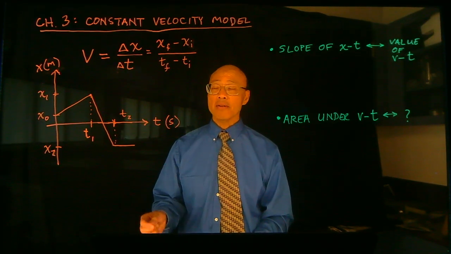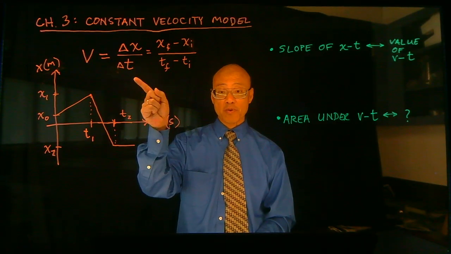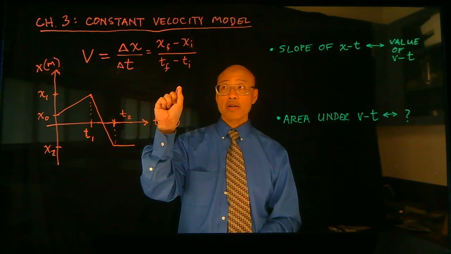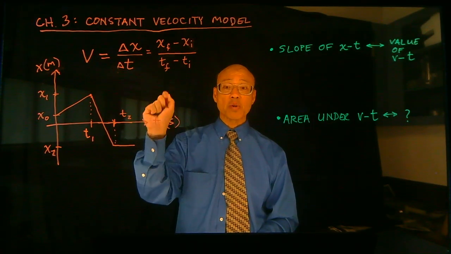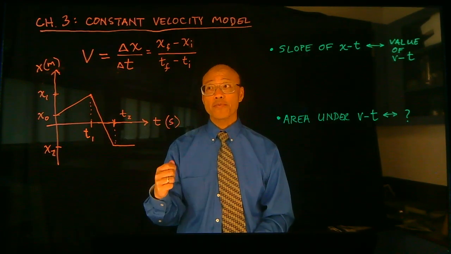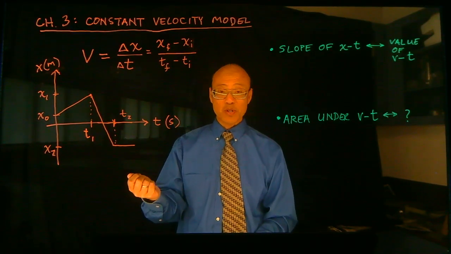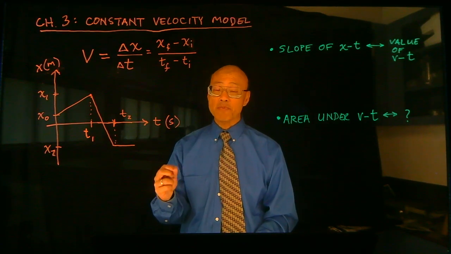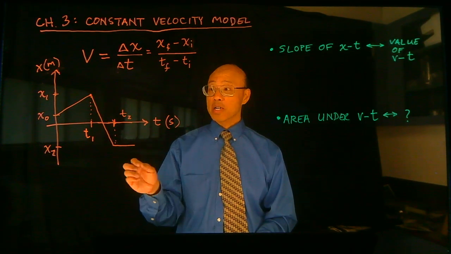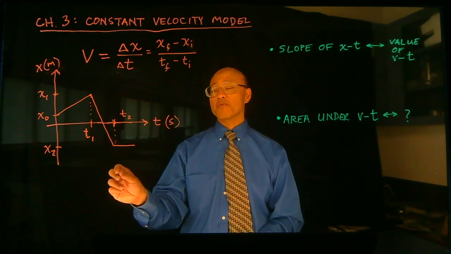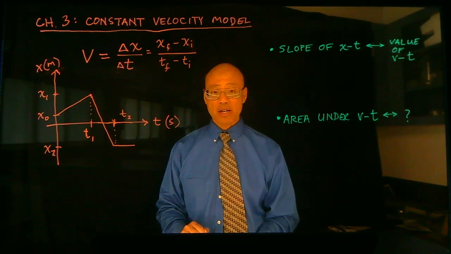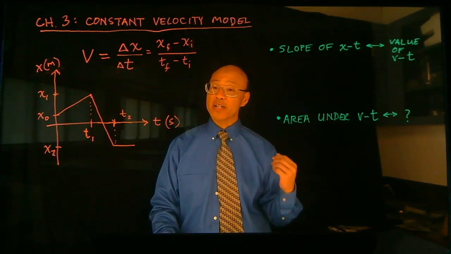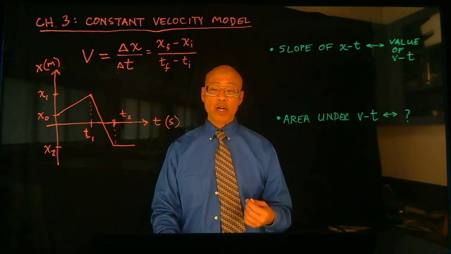In the same way that in Chapter 3 we have an equation for velocity or average velocity, we're going to look at a different type of motion in Chapter 4, one that you're familiar with from life experience. It's going to make sense to you to describe that motion, but the math might be new. We're going to build the same kinds of models for that new kind of motion, just like we did with Chapter 3. So the tools that we use in Chapter 3, we're going to use again in Chapter 4, but for more complicated motion.